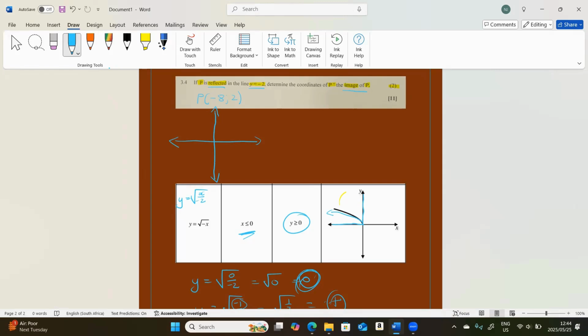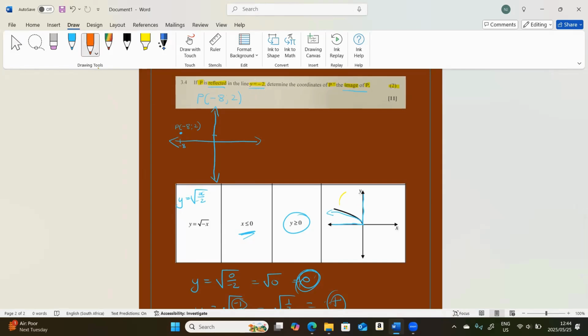The first thing that you need to do is you go and plot point P. So let's say -8 is over here and 2 is over there. So that would be then where you would plot point P, which is -8 and 2. Okay, so that is the actual point. So start with the point itself, and then you go and draw the line. Go and draw the line y equals -2.